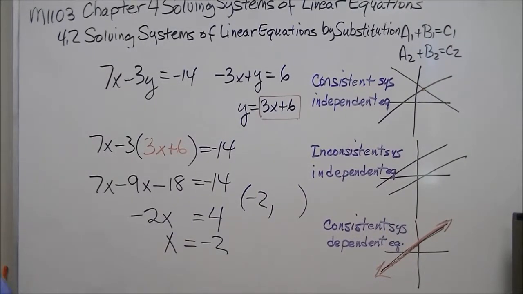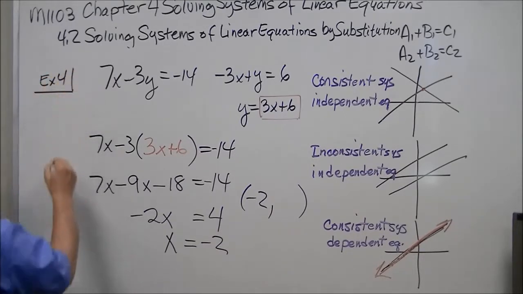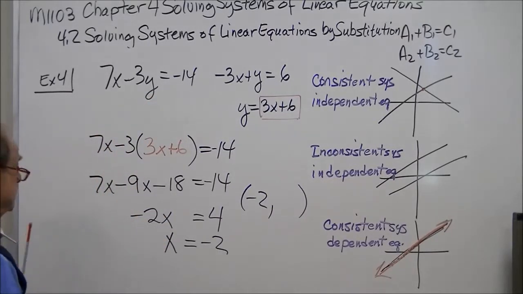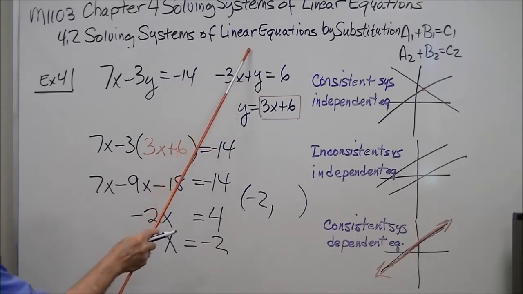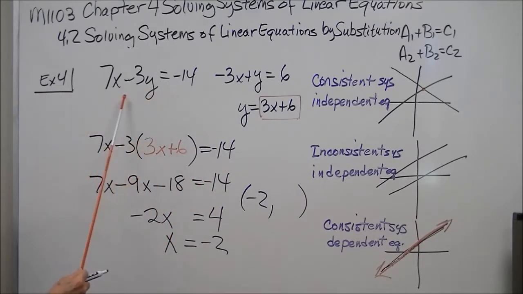In example 4, we had two equations. Notice, if we're going to use substitution, we want to have an equation that has a y by itself. So here, I'm going to solve for y by transposing the negative 3x. Now I have a value for y that I will put into my other equation.